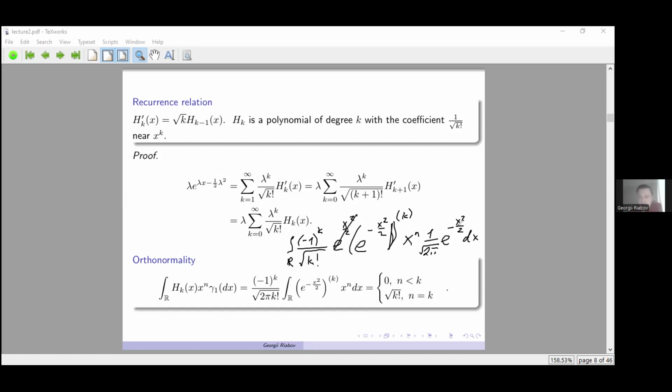So these exponents cancel, and we get the following integral.